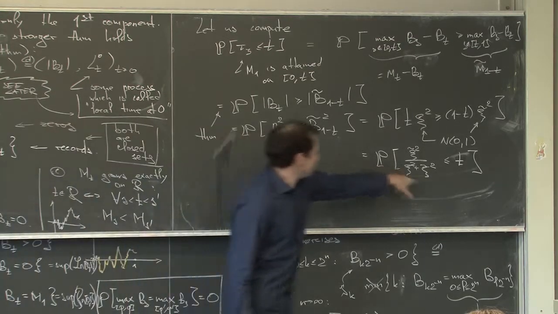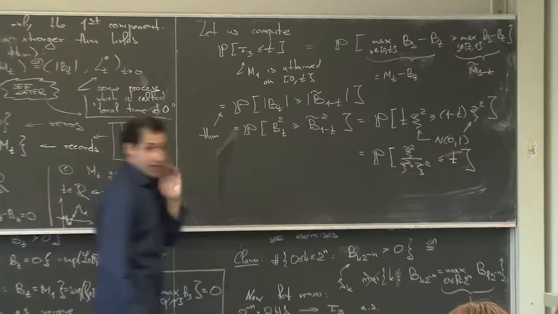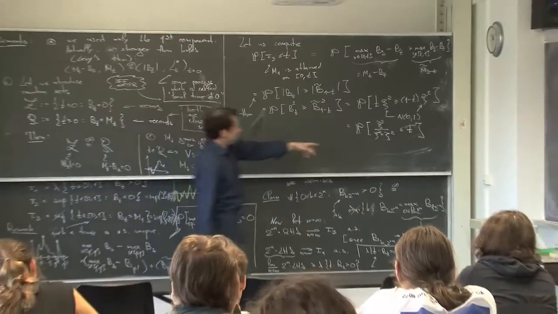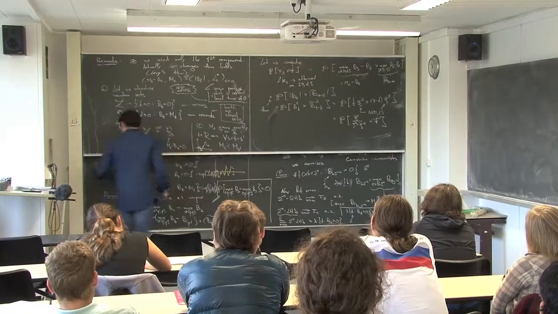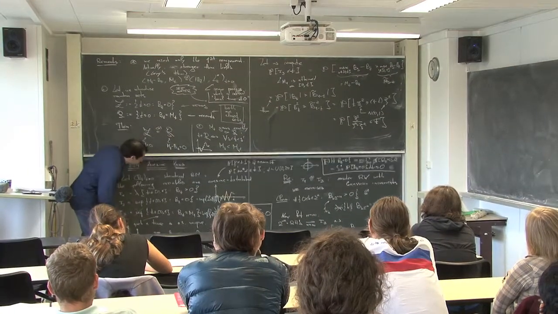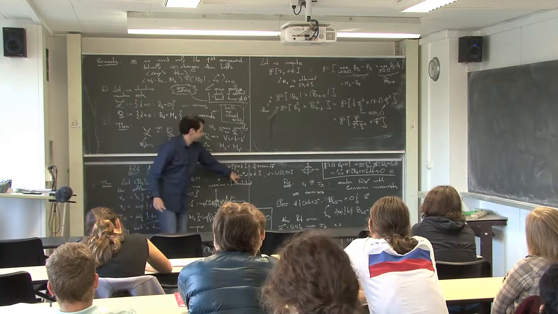I hope this is equivalent. It should be a simple computation. But then I'm done because I know the distribution of this guy. This is exactly sine squared. Where's sine squared? It was somewhere. It was here.